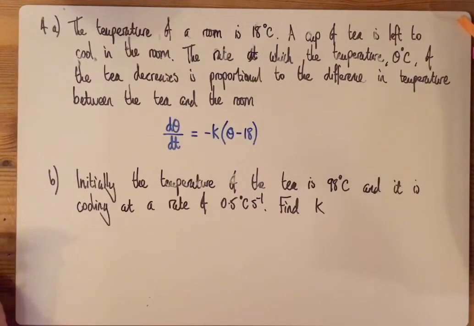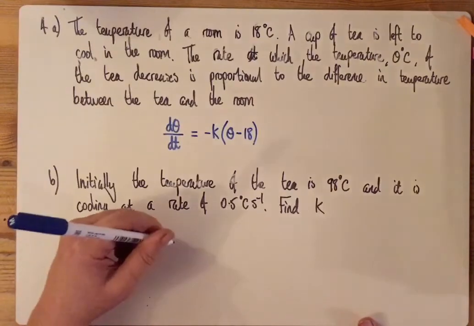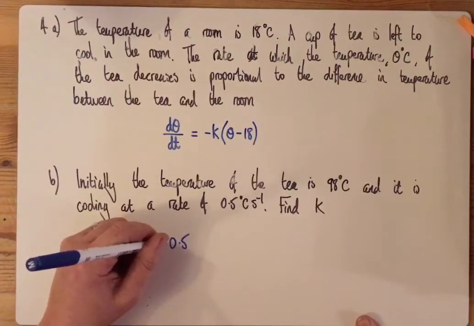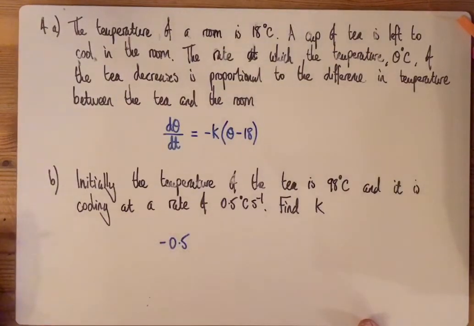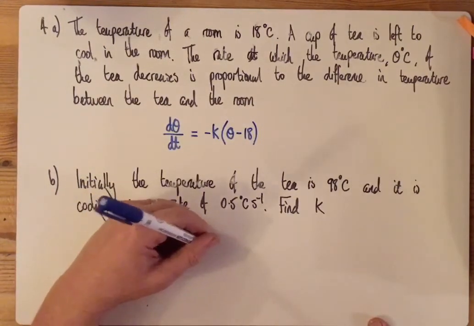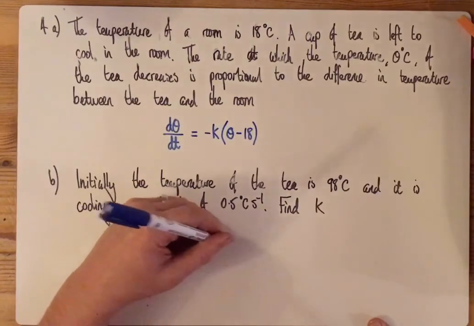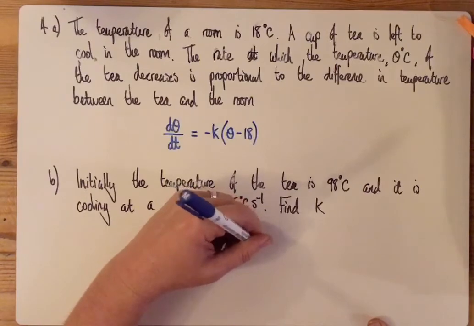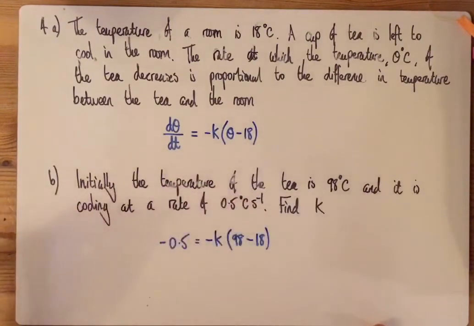The temperature of the tea is 98 and the rate of cooling is 0.5. But it's a rate of cooling, so it's negative 0.5. If it's cooling, d theta by dt will have a negative gradient. And that's equal to minus k times 98 minus 18.